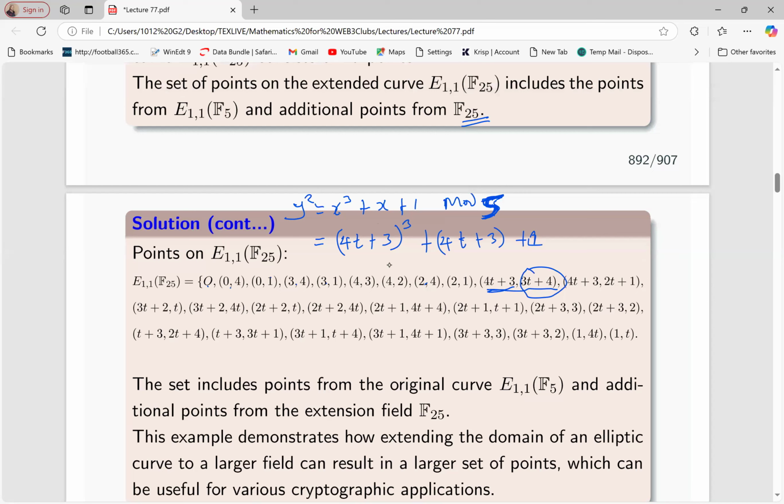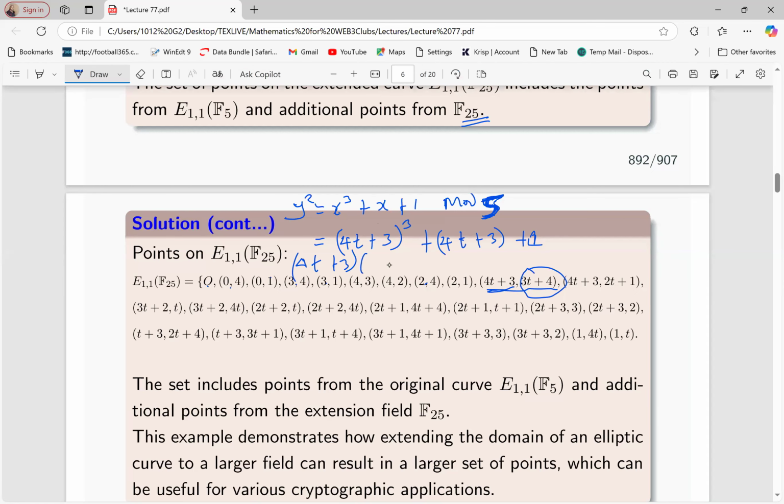So we cube this one first. So 4t plus 3, or first of all, we square it. When you square this, of course, then we shall multiply it. We shall multiply by 4t plus 3. This is how we cube it. Let's keep this one pending first.